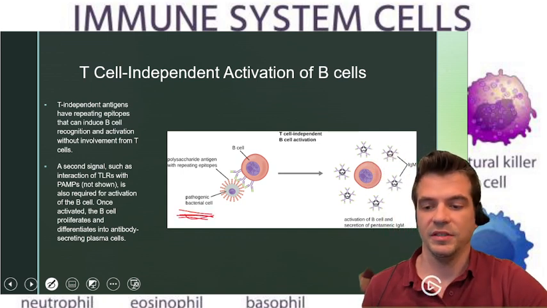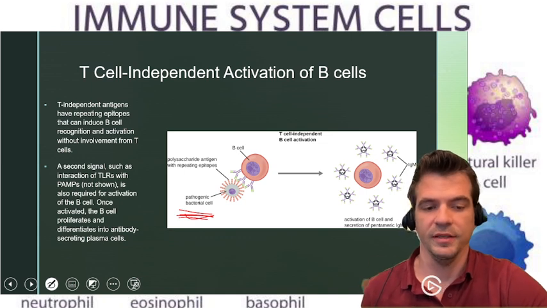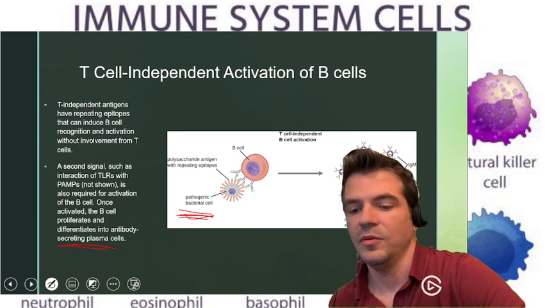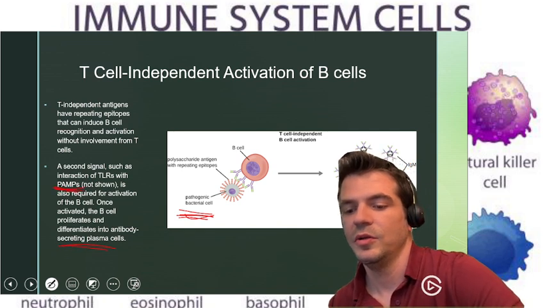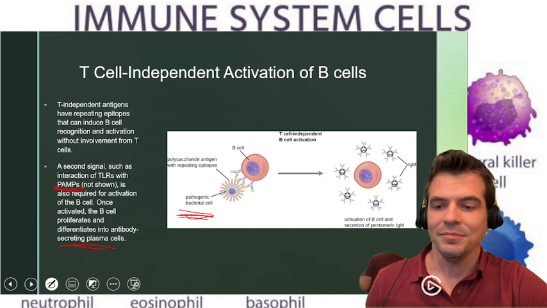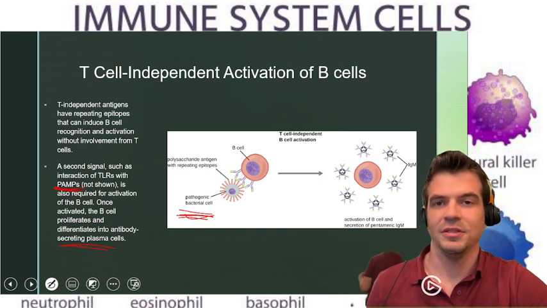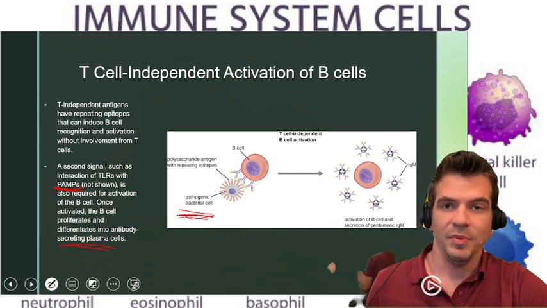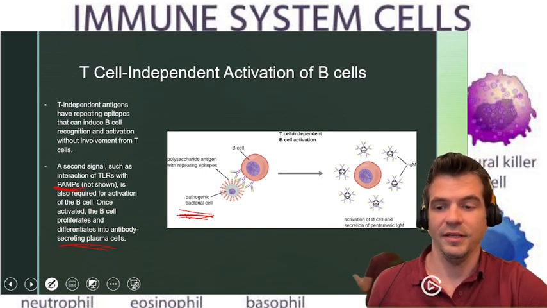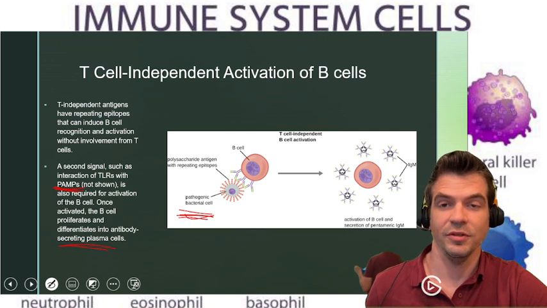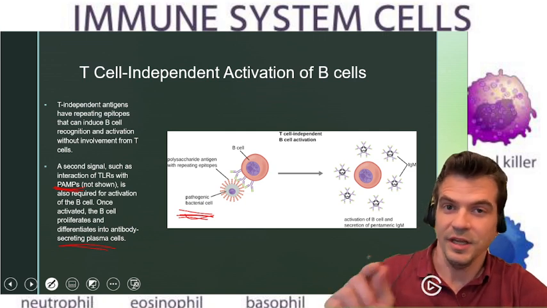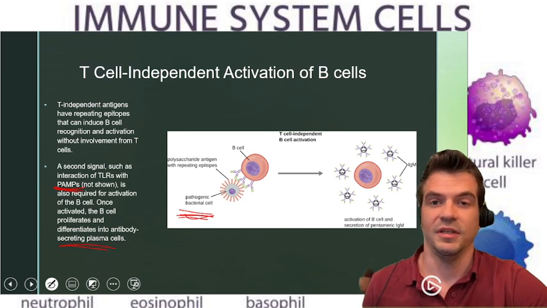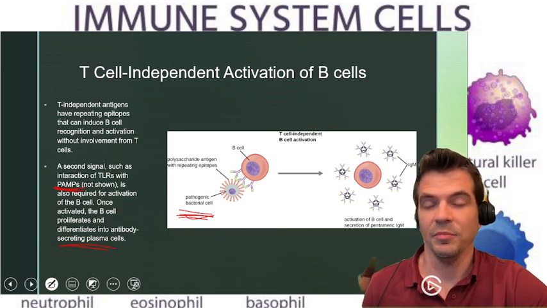And those B cells then will proliferate. These pathogens have PAMPs. PAMPs is a big long word for pathogen associated molecular pattern. We've kind of danced around it when we've talked about motifs and epitopes and flagellin and lipoprotein.